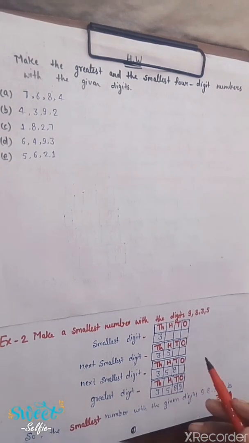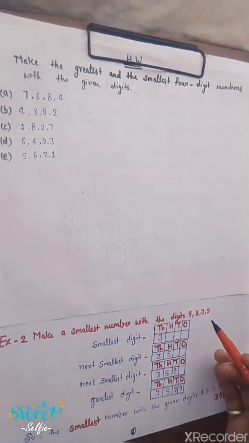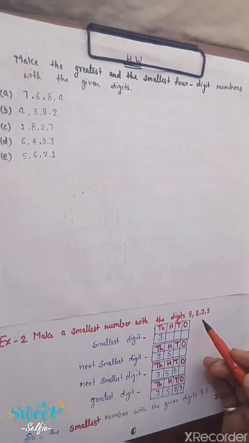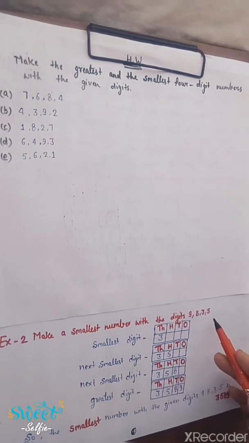Next is the next smallest digit. Which is the next smallest digit after 5? Yes, 8. 8 is the next smallest digit. So we have to write 8 at the tens place. And in the last, we have to write the greatest digit. So which is the greatest digit among these digits? Yes, 9 is the greatest digit among these digits.